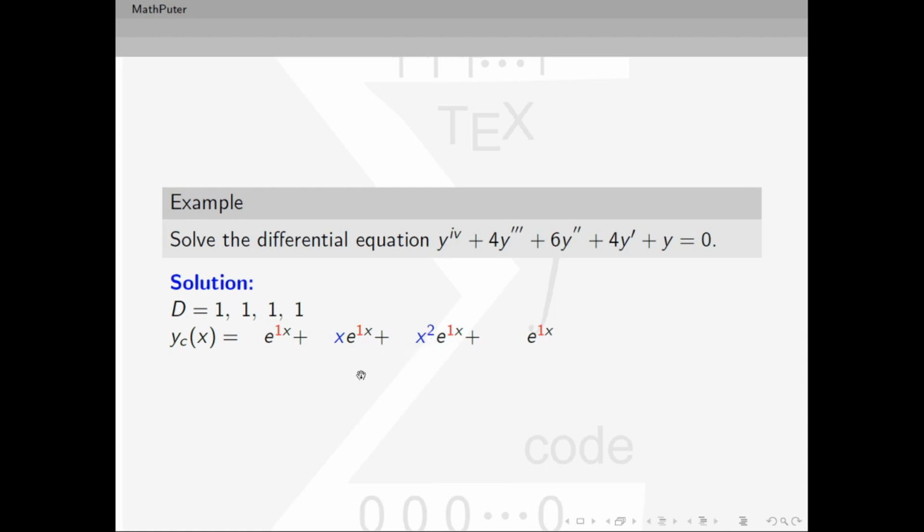So e raised to x, x e raised to x, x square e raised to x. These three are different functions now. But this e raised to x is the same as this, so let us multiply by x cube.